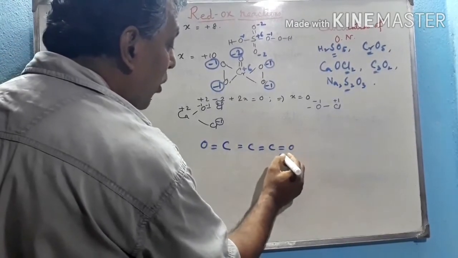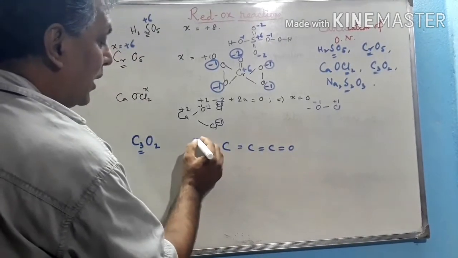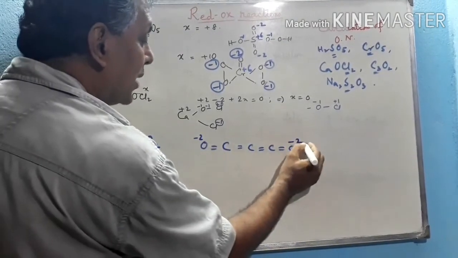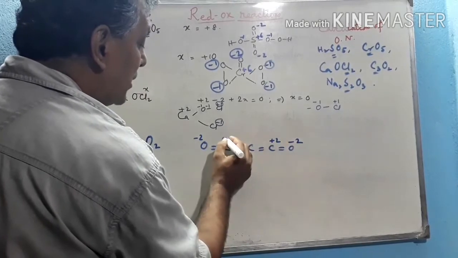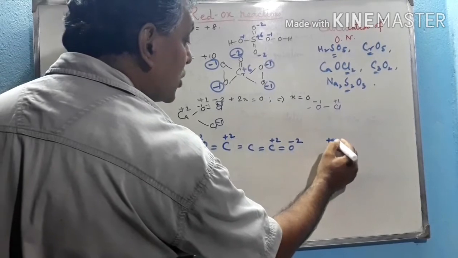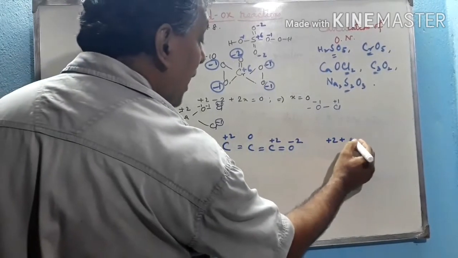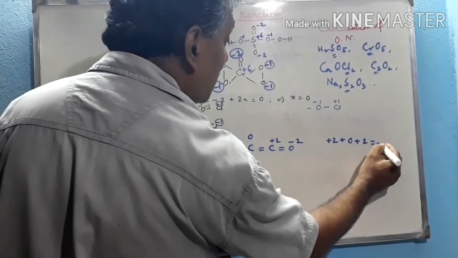Now the polar bonds here are C double bond O and C double bond O. It is -2, here also it is -2. So this carbon is +2, and this carbon is +2. Here it is 0. The overall charge of carbon is +2, +0, +2, which is +4.